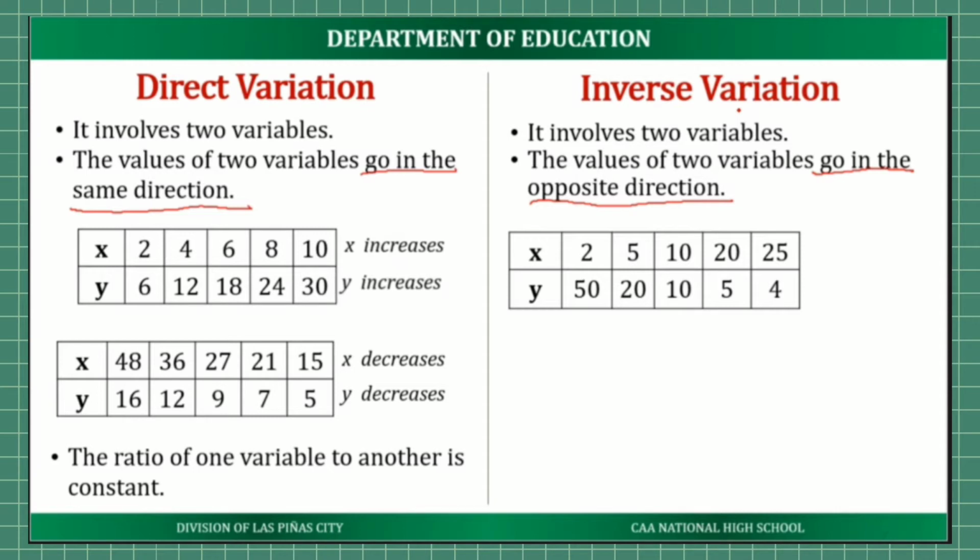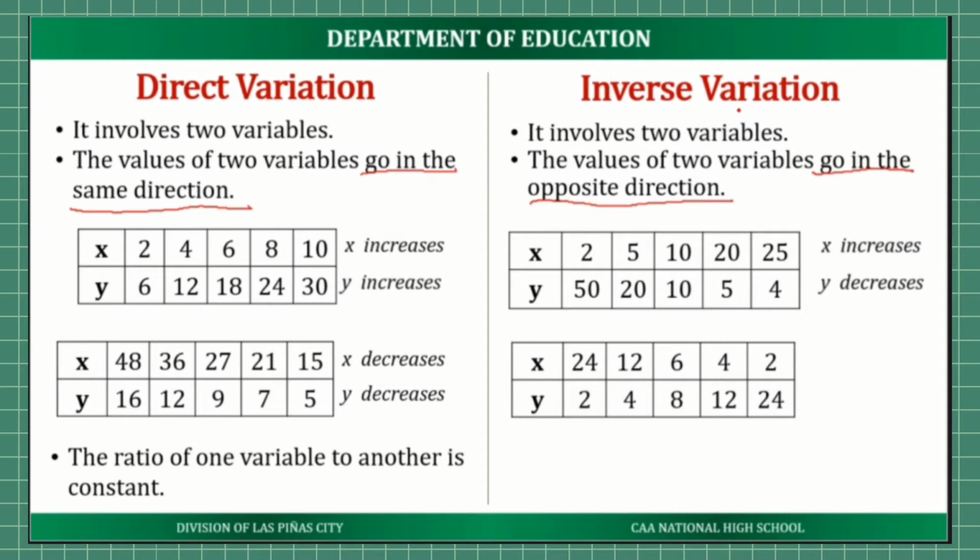And then the values of y here are 50, 20, 10, 5, and 4. So, as the value of x increases, if you notice, the value of y decreases. So, magkaiba yung direction nila. Yung isa increases, yung isa decreases.